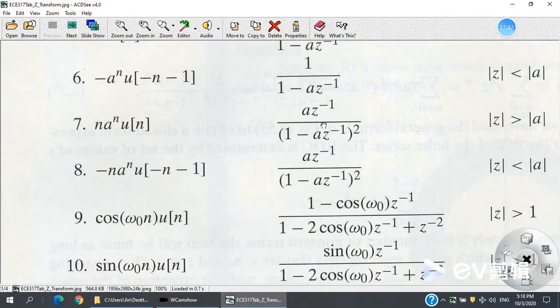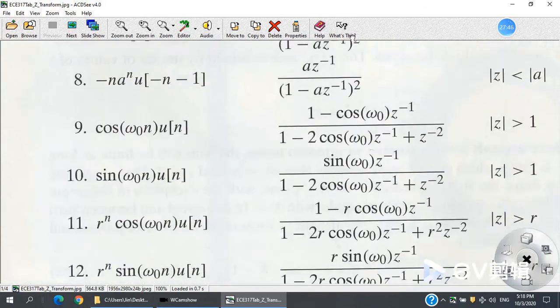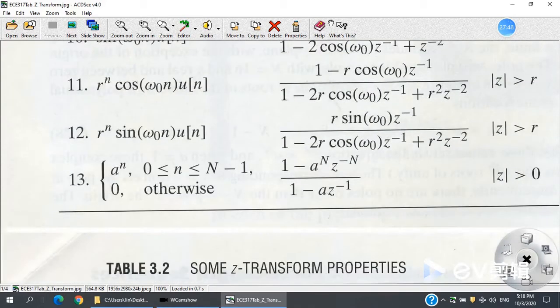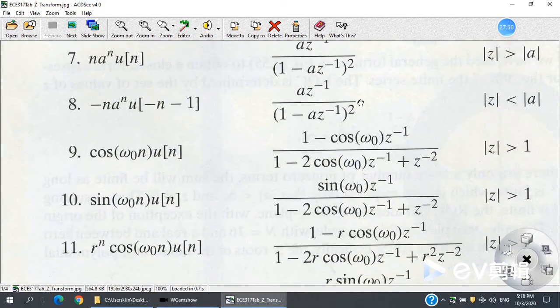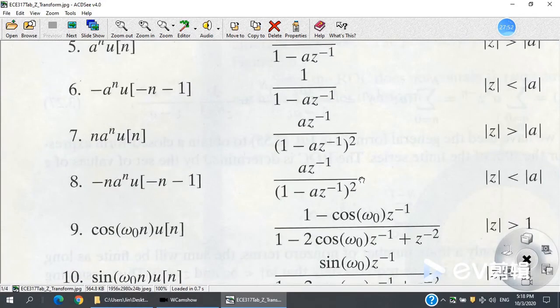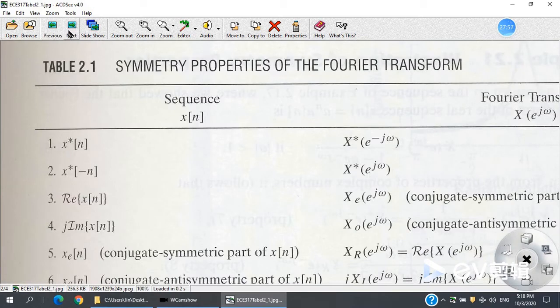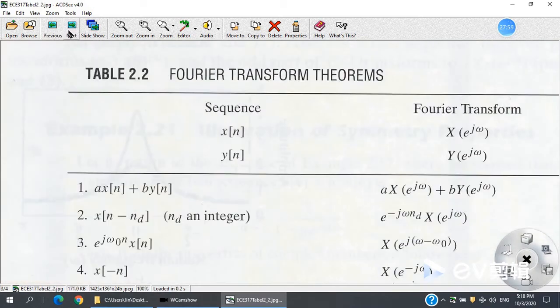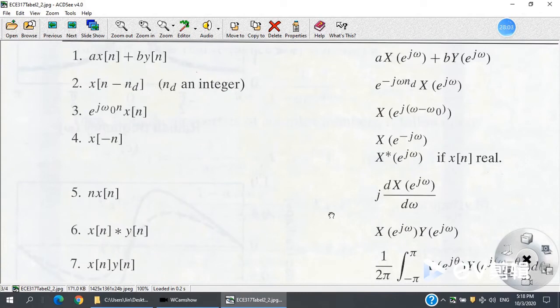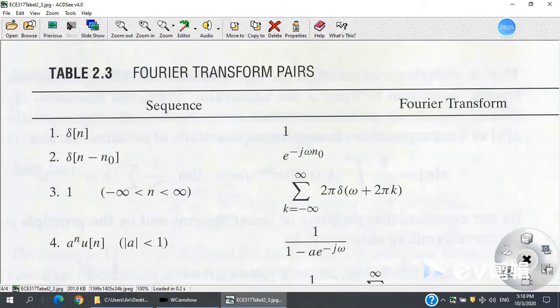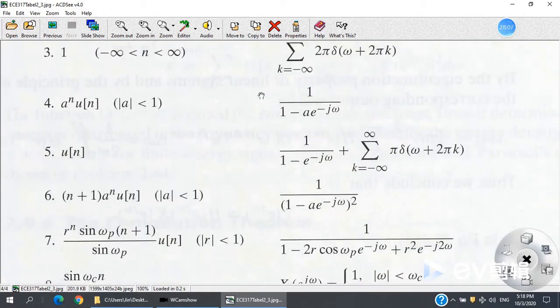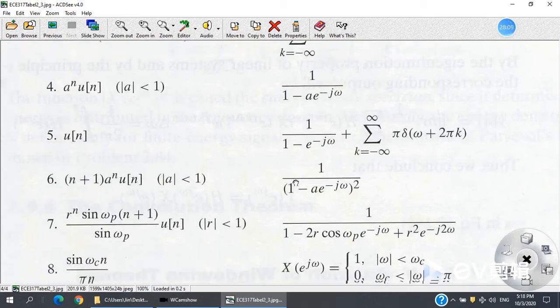Oh, I have a square term with z to negative 1. This is not good. But actually we go to this one, the Fourier transform. In the Fourier transform, we have the square term. Yeah, this one. You see?